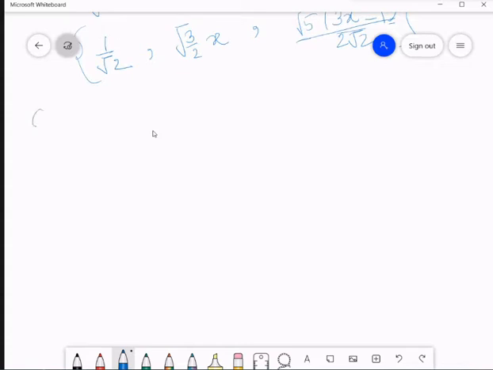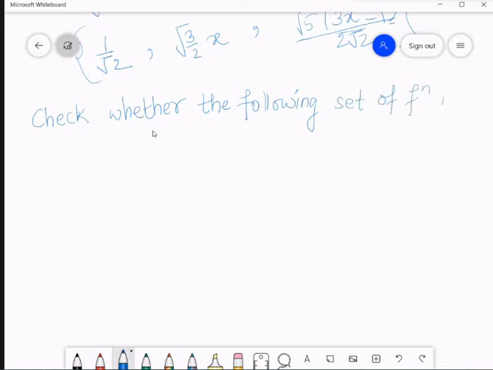Check that. Same question: check whether the following set of functions is orthogonal. Orthonormal. Let's directly check orthonormality.